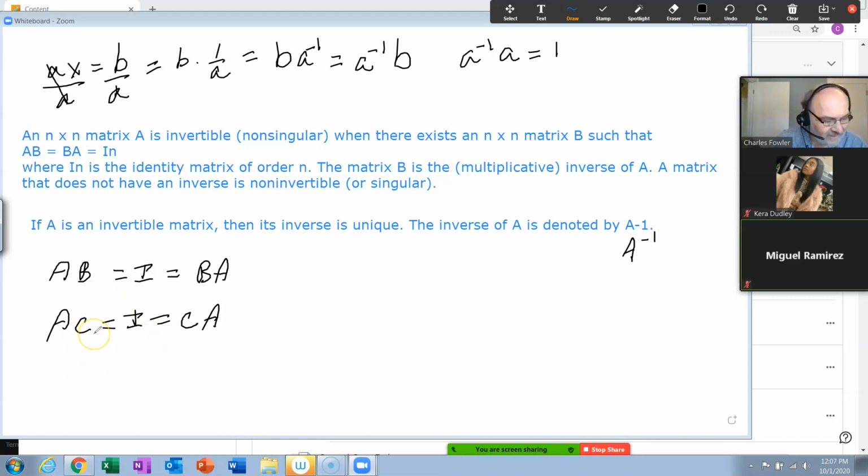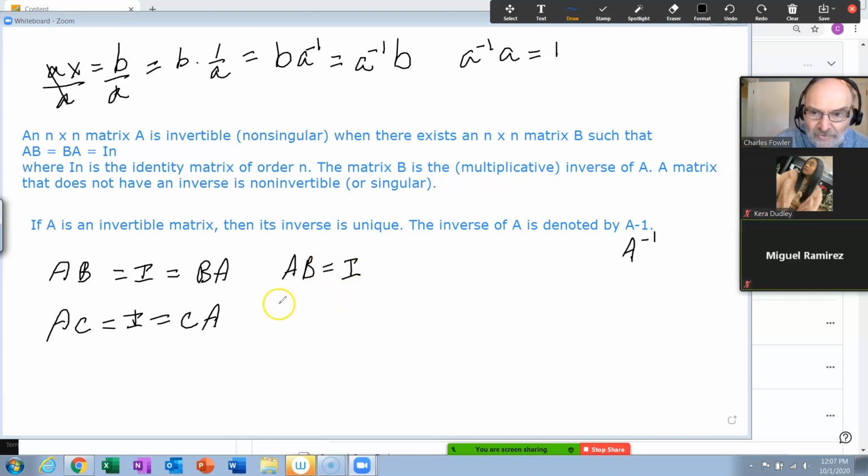Well, if this were the case, and this is what they do a lot, if AB is equal to I, we'll just take this part right here. AB is equal to I. You know it has to be. If that's your inverse, it is.